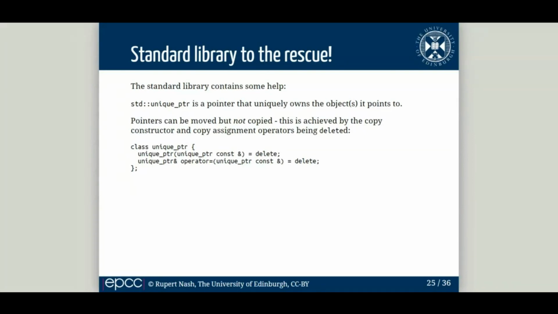So if you declare another pointer and point to this object, the object will never be copied, it will be moved instead. So you see that these two copy constructors are deleted.